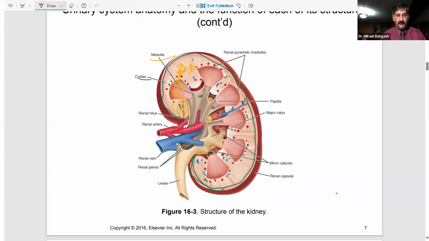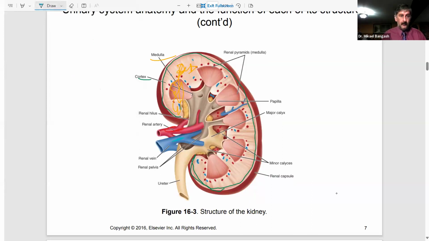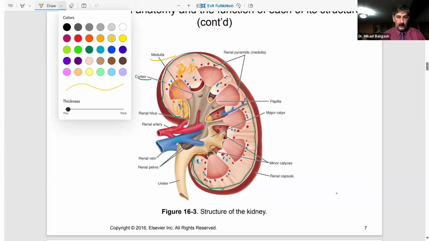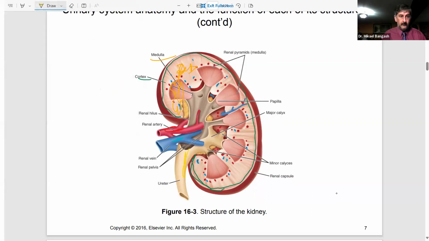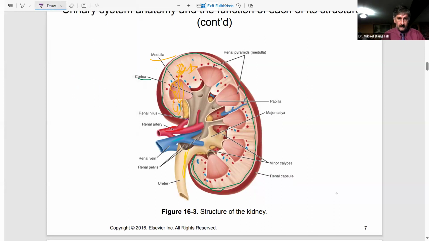We have an artery entering, we will eventually have a vein that leaves, and we also have the ureter. So this whole image right here is your renal hilus. Did that make any sense?